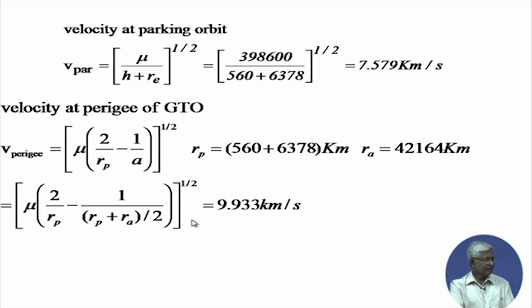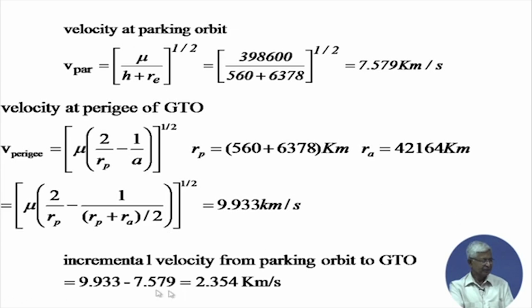So, with that you get the perigee velocity roughly about 10 kilometers per second. So, when it is moving at parking orbit, you have to give the difference of these two to get into that elliptical orbit. Incremental velocity from parking orbit to GTO is 2.3 kilometers per second.